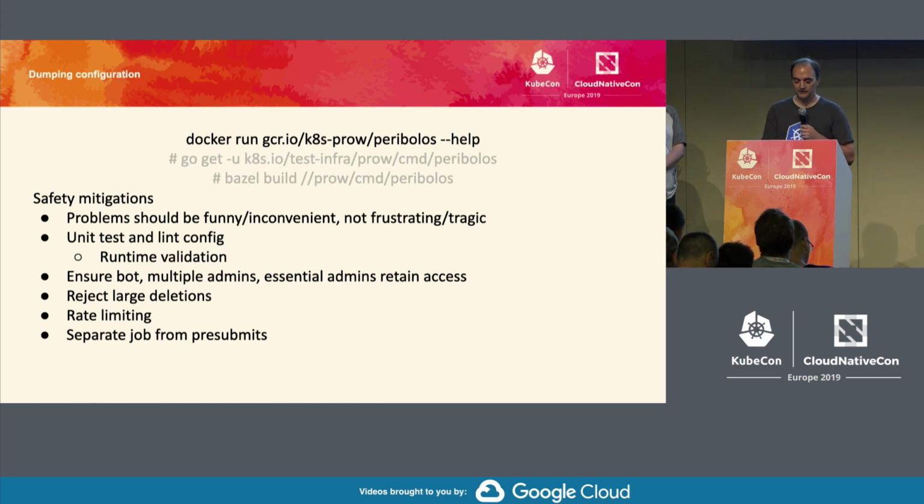We also have a bunch of tests and lints to make sure it looks consistent. And some of those tests we will run at runtime to validate things like there's a minimum number of admins and that the bot has access.